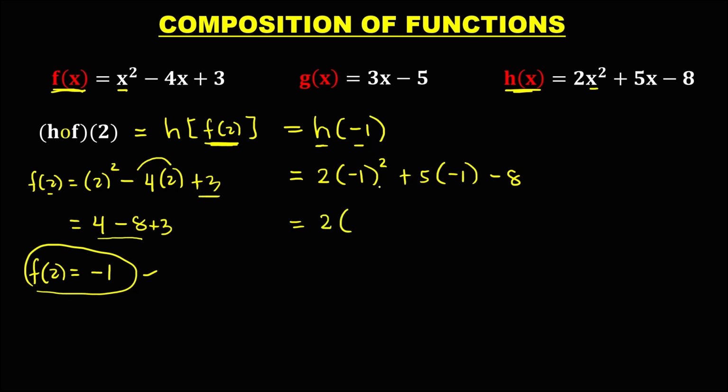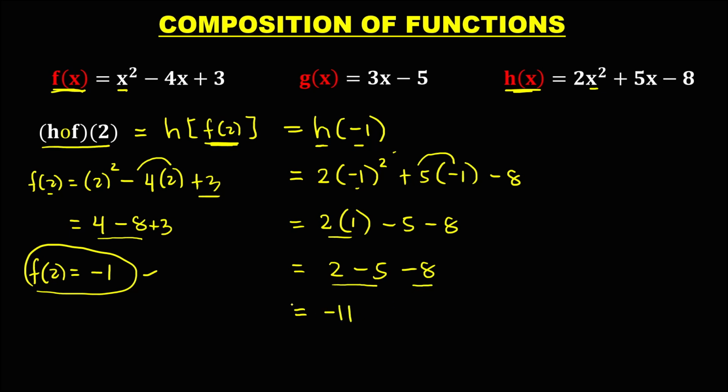Then we have 2 times negative 1 to the power 2, this one is positive 1. 5 times negative 1, this is negative 5. Then bring down negative 8, or this is equal to 2 minus 5 minus 8. So therefore, for this composition, we have 2 minus 5, that's negative 3. And negative 3 minus 8, this one is equal to negative 11.